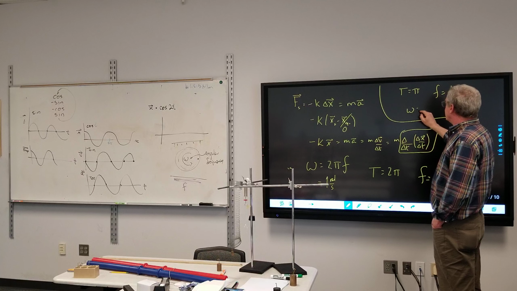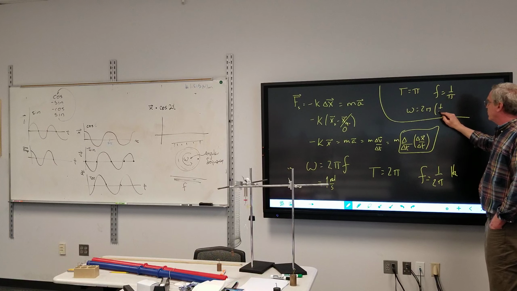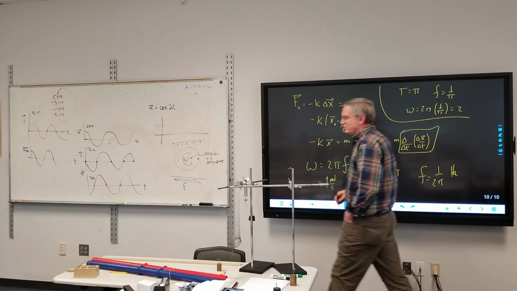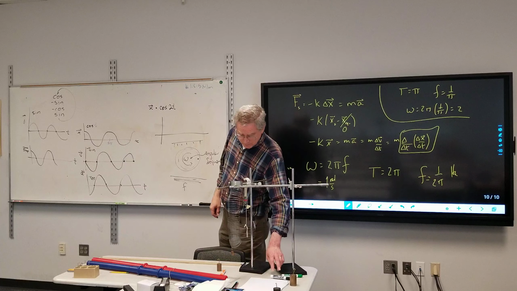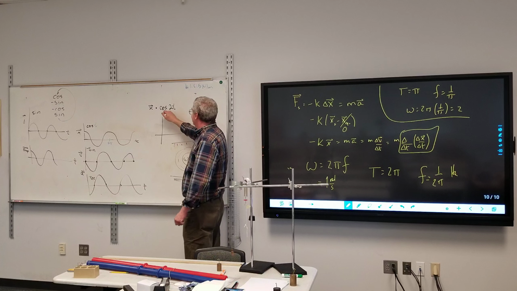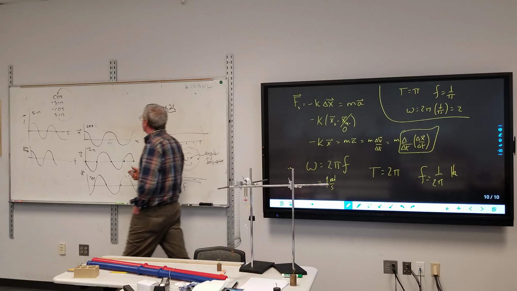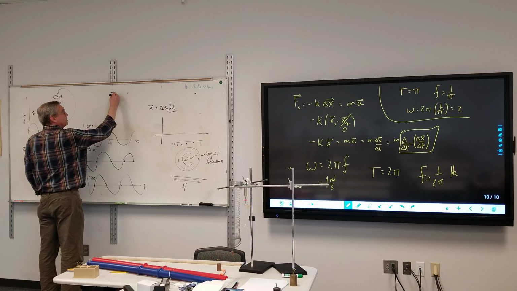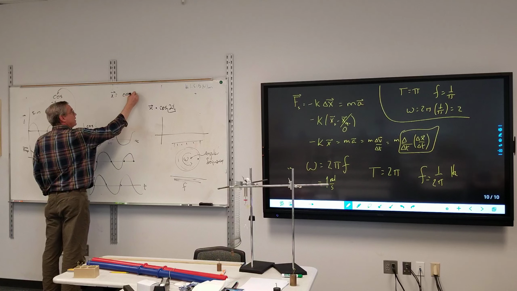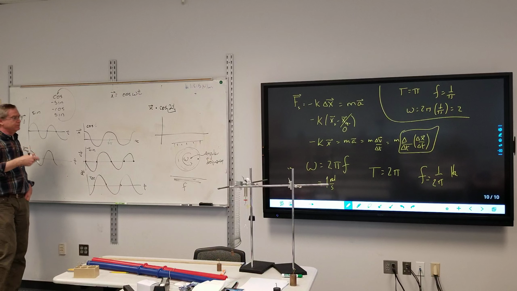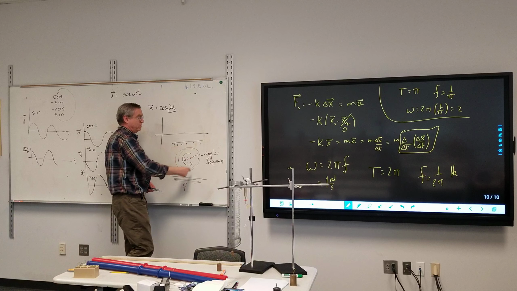So my angular frequency is 2 pi times the frequency of 1 over pi, which is just 2. Or in general, I can come up with a generic expression here that my position is equal to the cosine of omega t, where omega is the angular frequency of this hypothetical wheel.